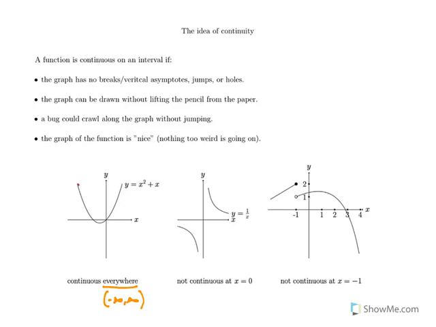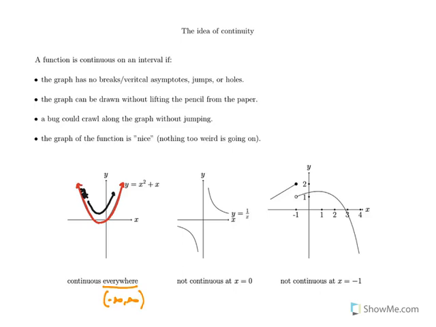You can draw this graph without taking your pencil off the paper. And if you had a little bug crawl along this function, it could do so without jumping. It could just crawl along that function the whole way through.